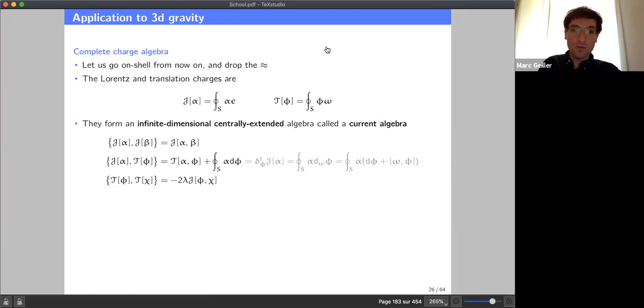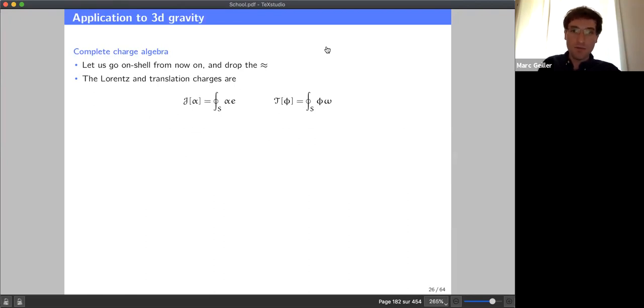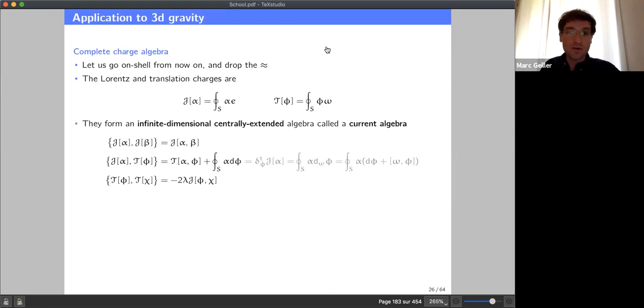To compute the algebra of these gauge transformations, so the algebra of these charges, what we saw yesterday is that to compute this Poisson algebra, we can just contract the symplectic structure twice with two variations. If we contract the symplectic structure once, we get the generator. And if we contract it twice, we get the Poisson bracket between two generators corresponding to the two variations.